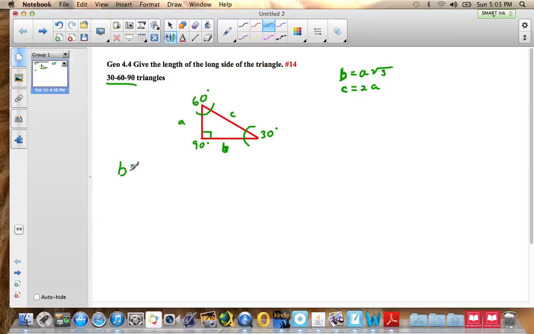So I have B equals A times the square root of 3. Well, in problem number 14, we're told that B equals 11 times the square root of 3.